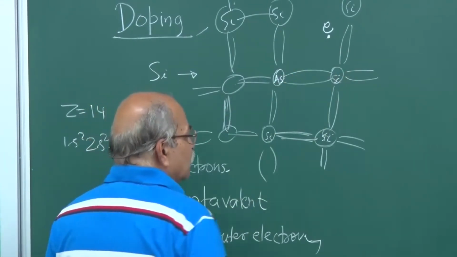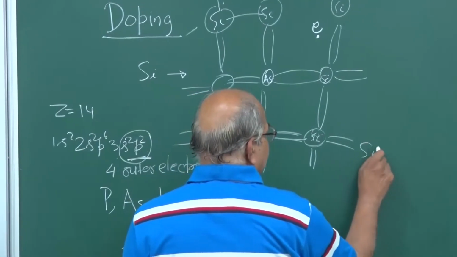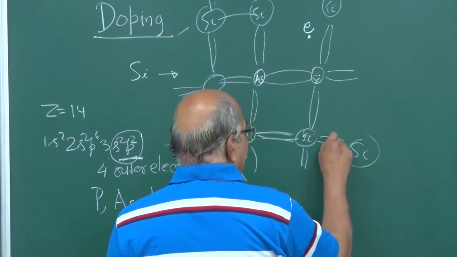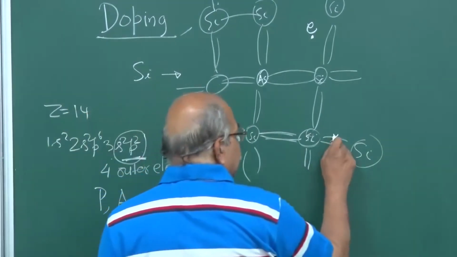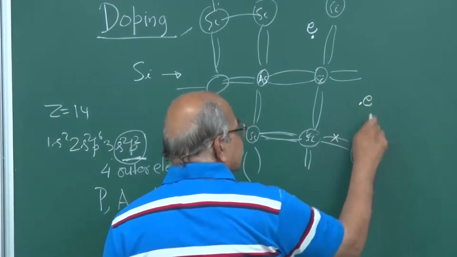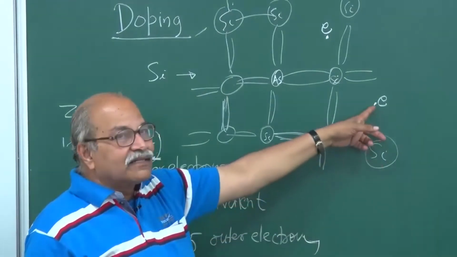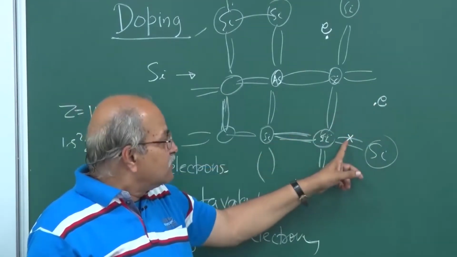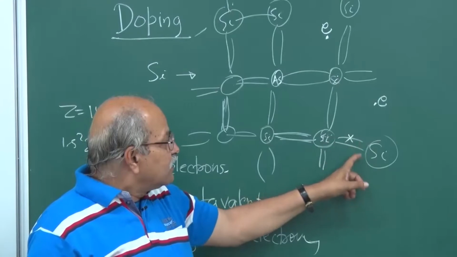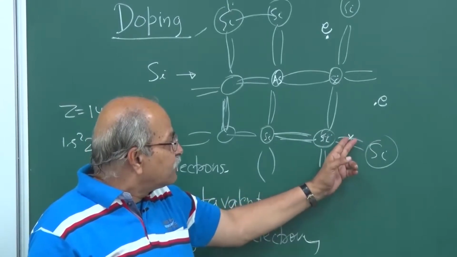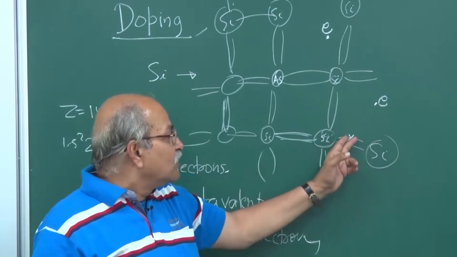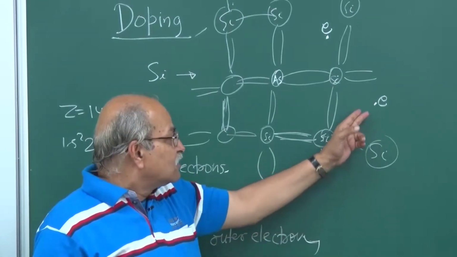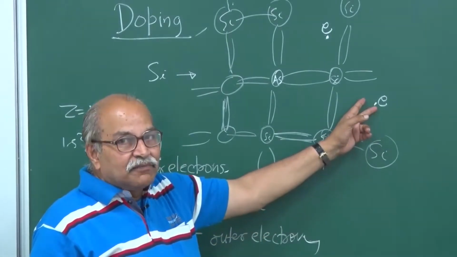But then you can also compare: suppose you have a silicon here and this bond is broken, and this electron comes here. This electron is in the conduction band. A valence band electron has gone from the valence band to the conduction band.